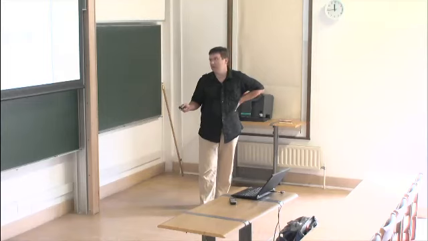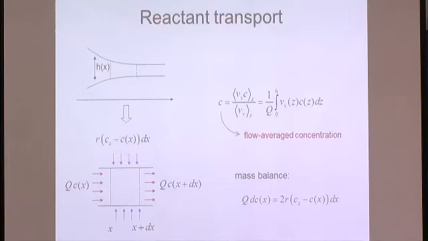So you write it down, and it has the form of just a convection-reaction equation. For simplicity, I am neglecting diffusion, the axial diffusion along the x direction, but it might be included. It's just more complicated mathematically, but it doesn't really change the conclusions.